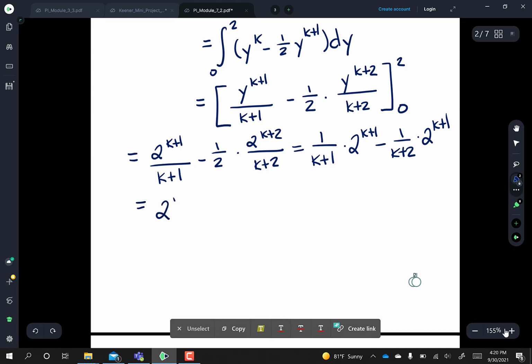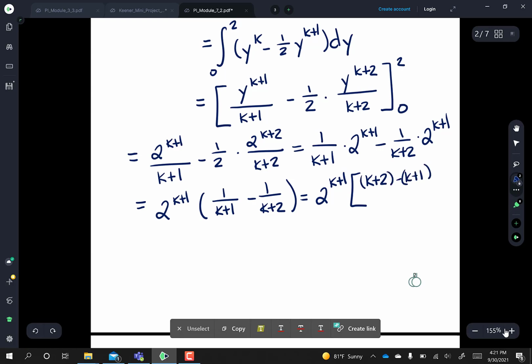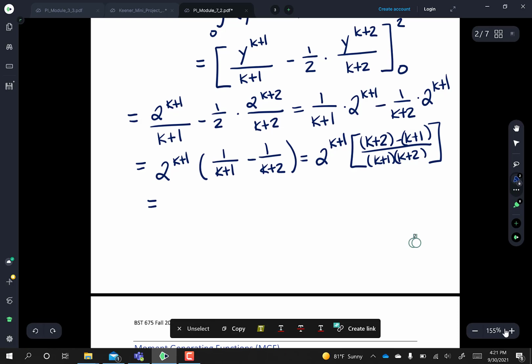So factoring out that 2 to the k plus 1, we have the following, which is equal to 2 to the k plus 1 times (1 over k plus 2, minus 1 over k plus 1) over k plus 1 times k plus 2. And then simplifying, that is equal to 2 to the k plus 1 over k plus 1 times k plus 2.